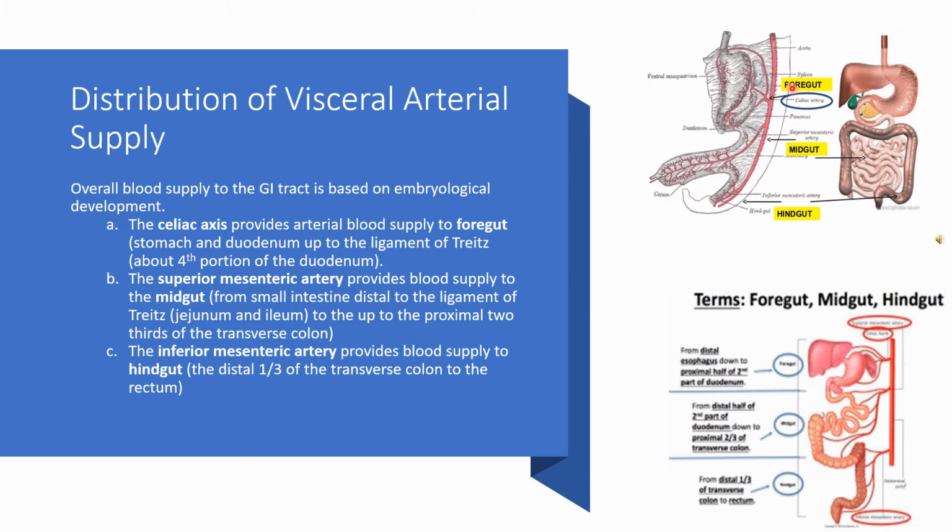So basically, foregut is celiac axis, midgut is superior mesenteric artery, hindgut is inferior mesenteric artery. So foregut is distal esophagus to proximal half of the second part of the duodenum. Midgut is basically small bowel distal to the ligament of Treitz to the proximal 2/3 of the transverse colon. And hindgut is distal 1/3 of the transverse colon to the rectum.